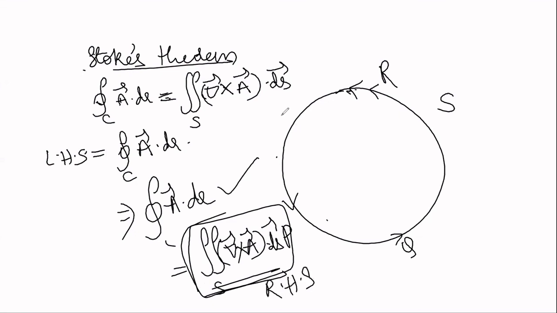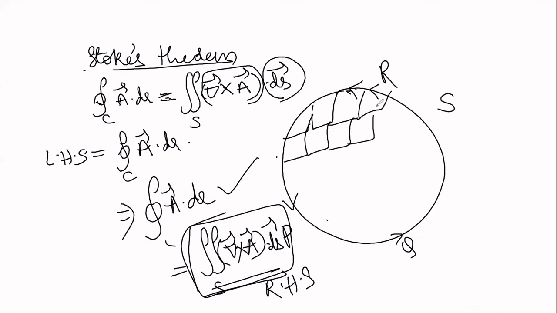We have taken a single element dS bar, and we have considered del cross A for each and every element of this surface. Then finally we have arrived at the entire curve, that is the line integral along the curve of this vector. That's the reason the Stokes theorem is proved.